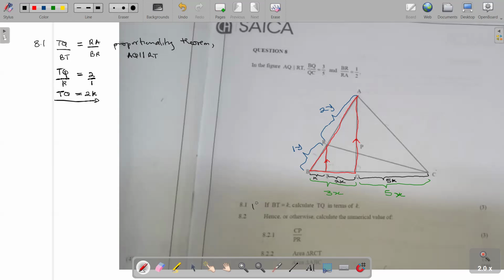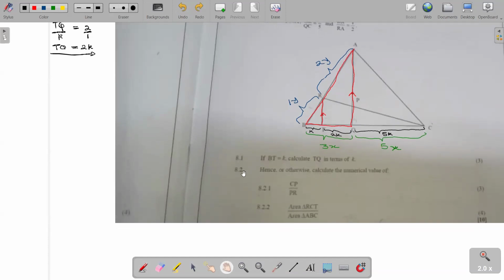Then we go to the next question. What is the next question saying? It's saying hence or otherwise calculate the numerical value of CP over PR.